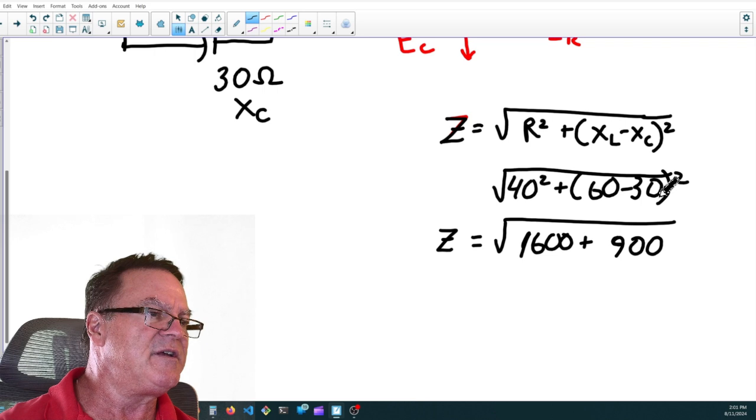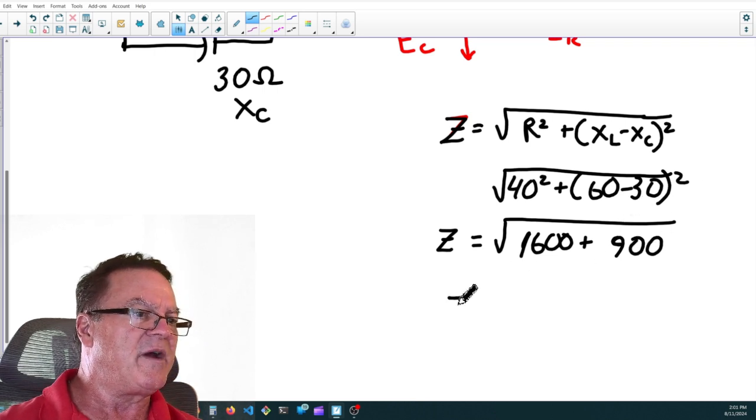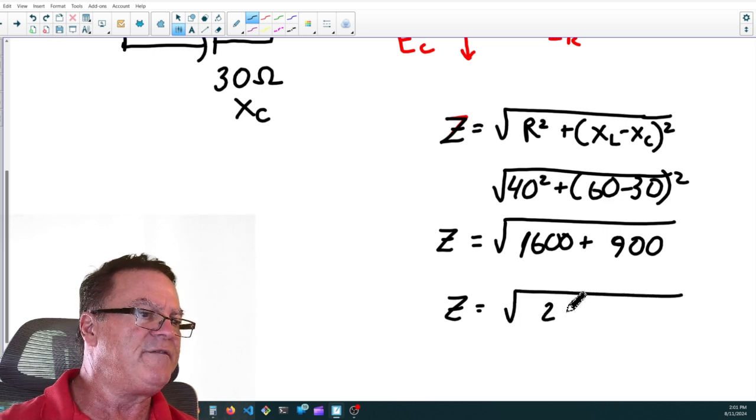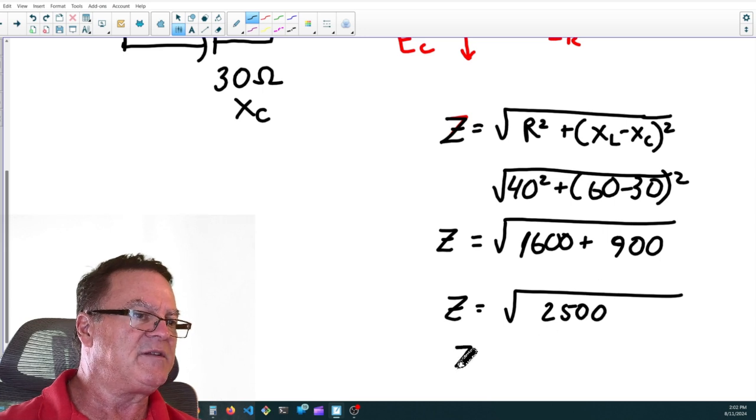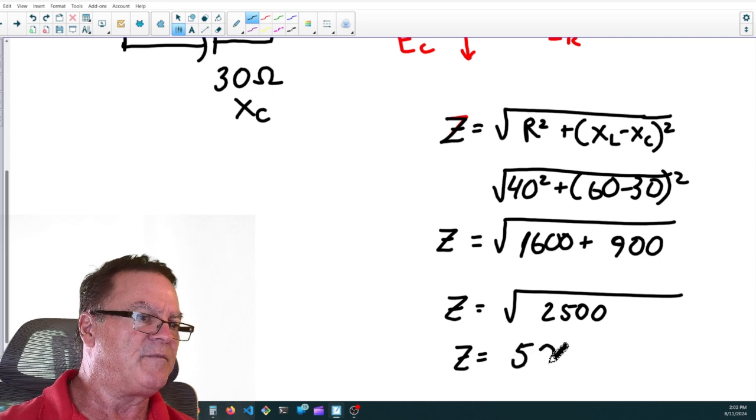So my impedance equals the square root of 2500 ohms. So my impedance equals 50 ohms.